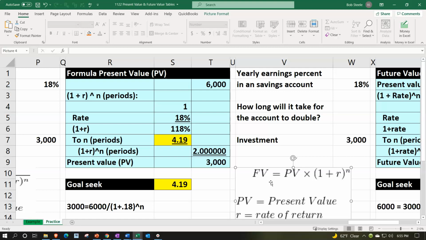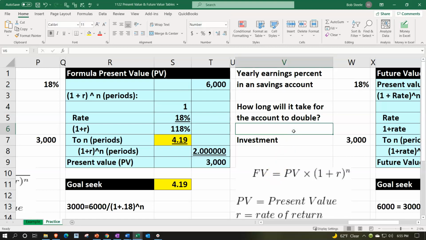They're still useful when you're doing test questions and they take away Excel and or financial calculators. So you will quite often see tables in school settings, whereas in practice, you'll probably be using Excel most often.